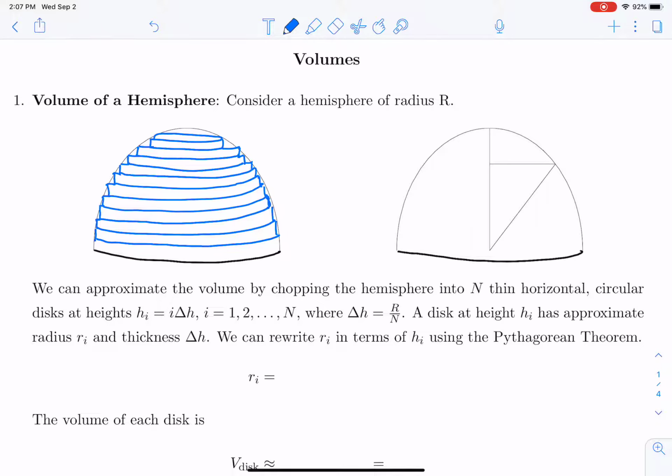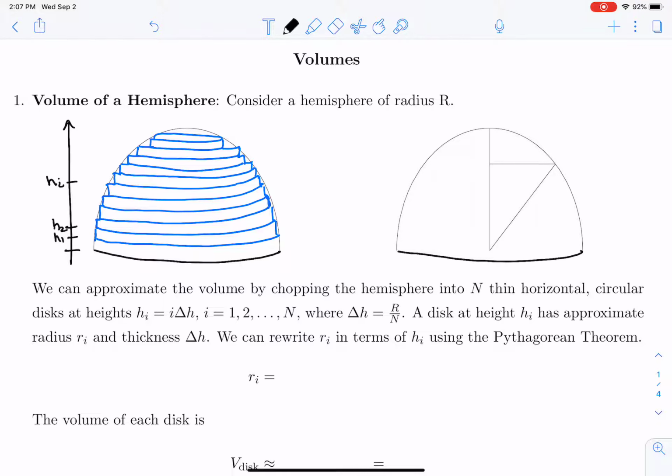So each one of these slices is going to appear at some height. We'll call it, say, h sub 1, h sub 2, etc. So we can call a general one h sub i. And we're going to chop it up into n slices.